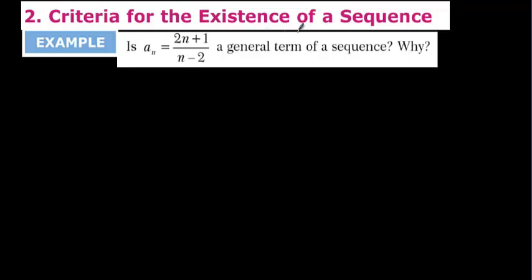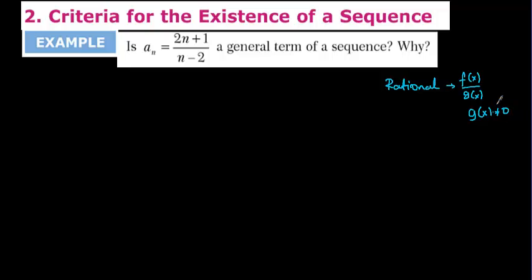Here is the criteria for the existence of a sequence. The sequence is given to us, and they are asking to find whether this is a general term or not. Firstly, a general term should define a sequence. In which condition is it undefined? For rational expressions, if you remember, we have f(x) over g(x), and g(x) must be different than 0.